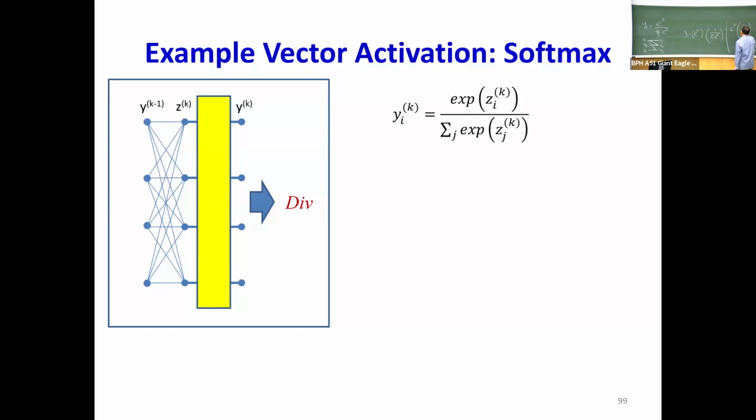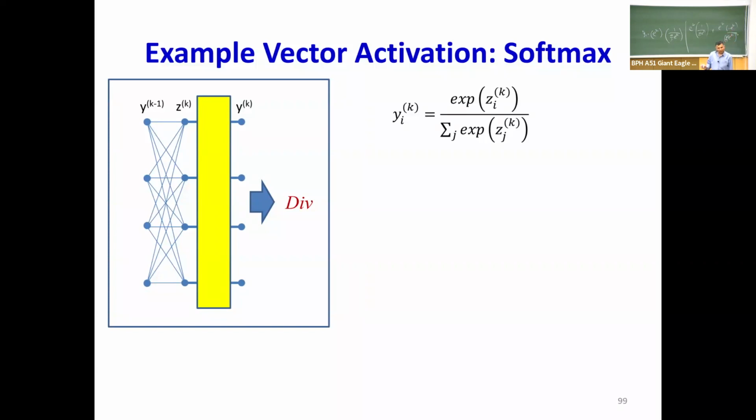And this guy doesn't change because the first time you're only taking the derivative with respect to the first term, right? And then what do I get next? And then you keep e raised to zi constant plus the derivative of the second term. What is the derivative of that with respect to zi? It will be minus e raised to zi times summation j e raised to zj whole squared, correct?